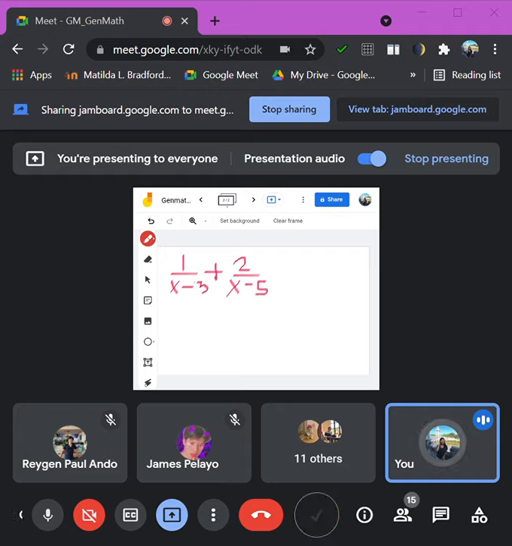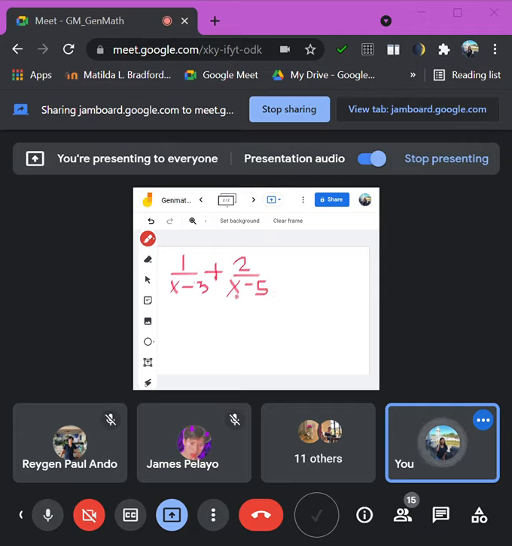We are going to find first our LCD. The LCD of the two rational expressions: either you combine them or turn them into a quadratic. Actually, we look at the denominators.